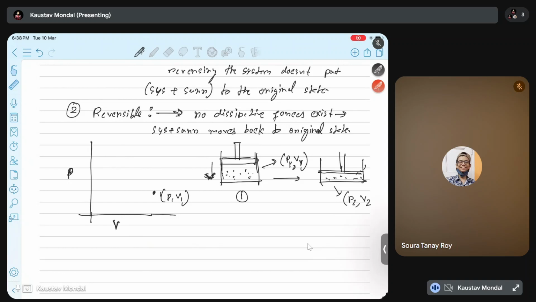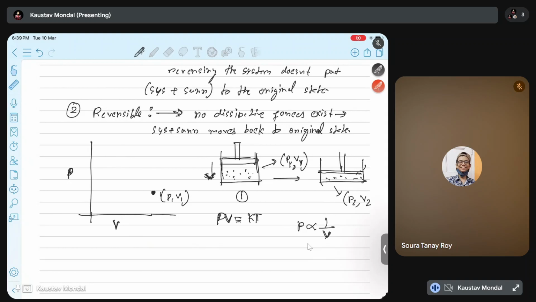Now in this case, since this is an ideal gas, the pressure and volume will obey this law, PV = kT, right? So temperature is fixed. So P basically will be 1 by V, right? Pressure and volume change like this.